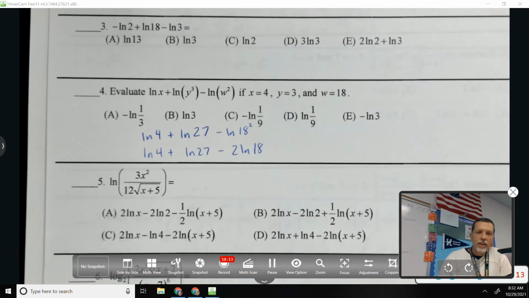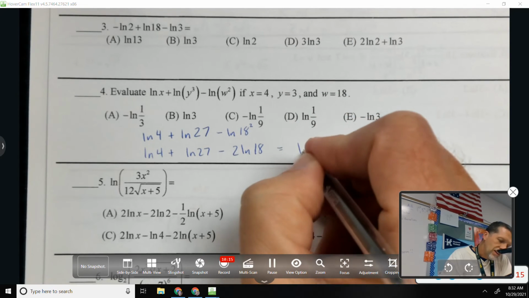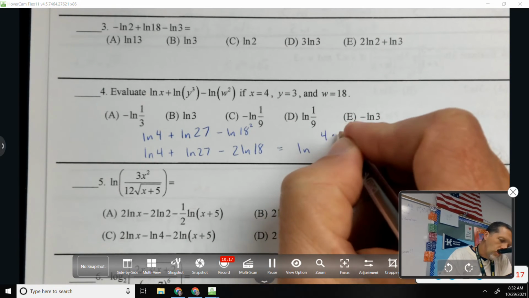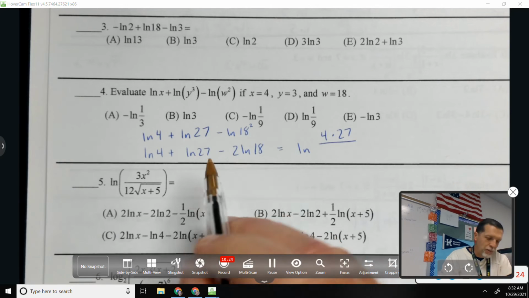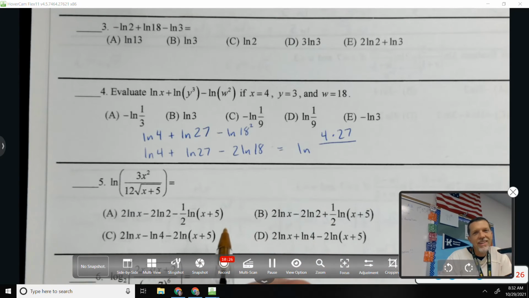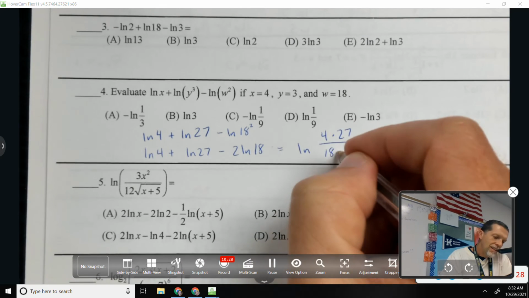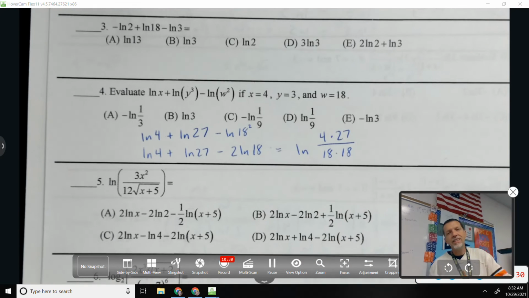I don't like this one without a calculator. 4 times 27 over, but the only way to put this back together is to put that 2 back as the exponent. I'm going to write it as 18 and 18. That way I think I can do more simplifying.